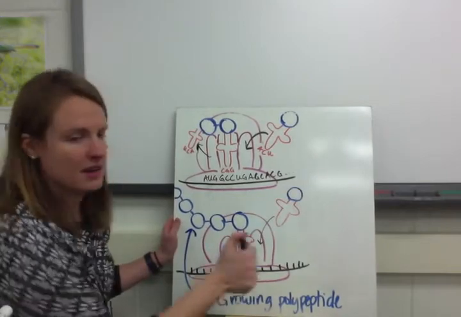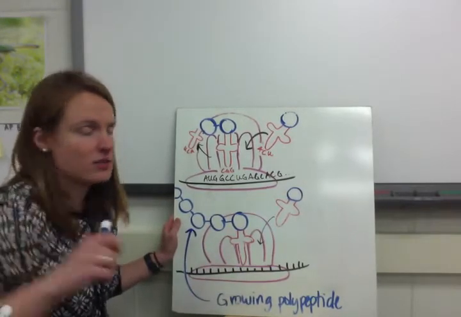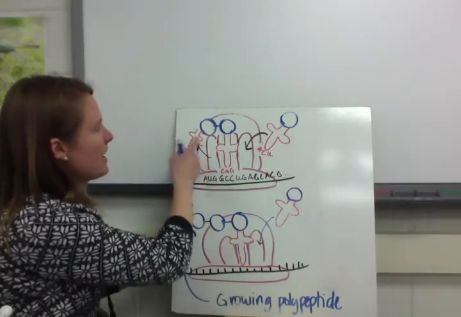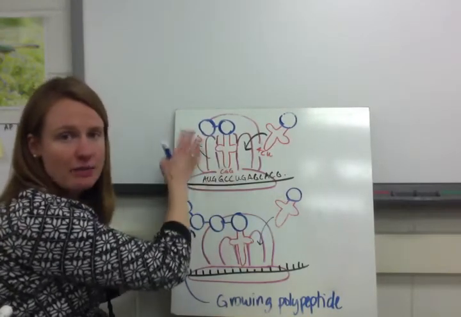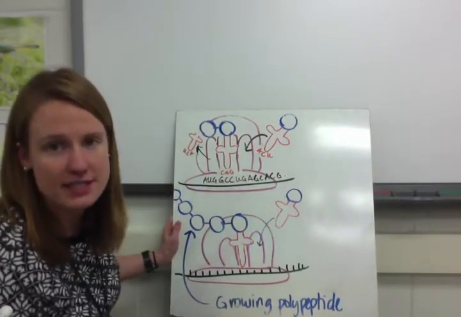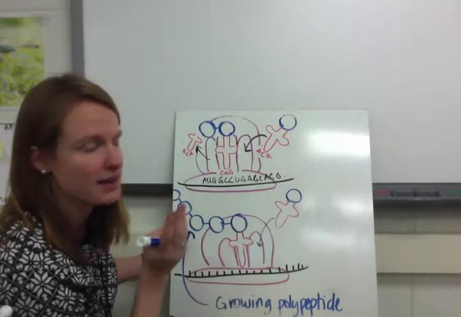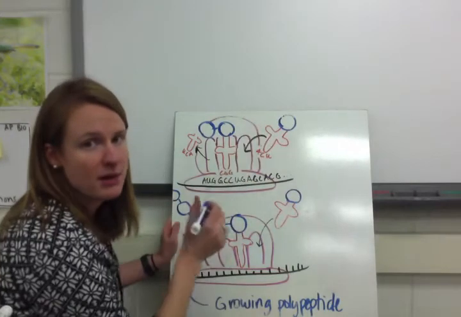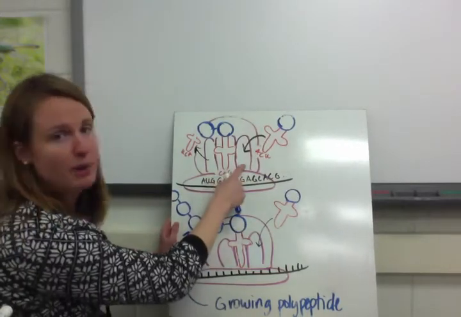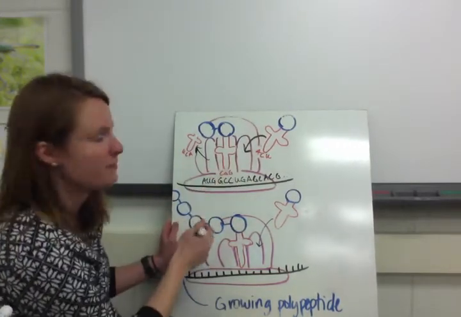The tRNA that's already been used breaks off, it's no longer attached to an amino acid, and it leaves the ribosome. It's going to go pick up another amino acid that matches with it so it can be used again. The next tRNA with its associated amino acid is going to come into this spot in the ribosome. Everything shifts down one.